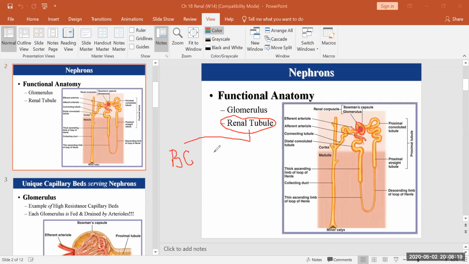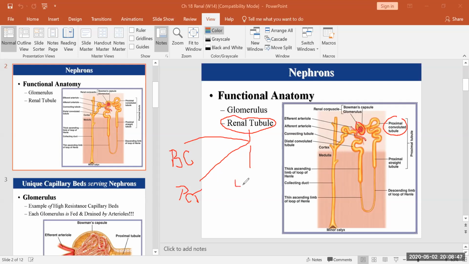So the Bowman's capsule, because the glomerulus is not part of that renal tubule. So Bowman's capsule, proximal convoluted tubule, PCT. So this is a proximal convoluted tubule right here, downstream to the Bowman's capsule.